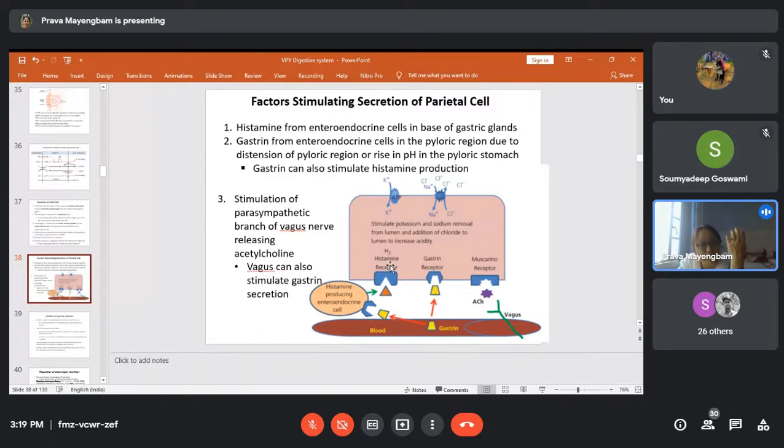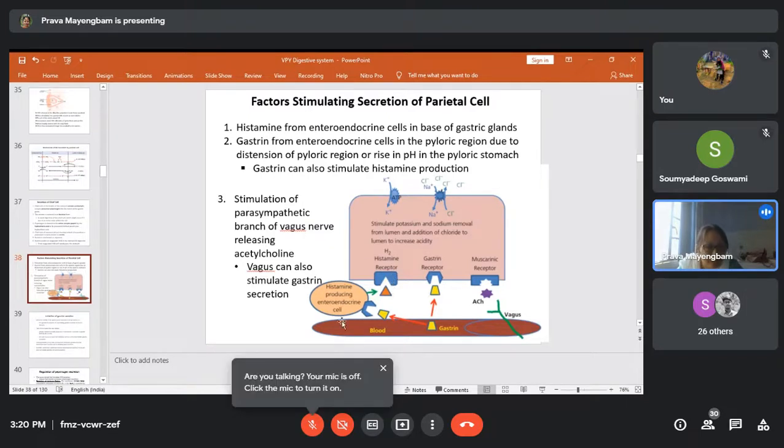It is not only in other tissues. You remember the other cells in the gastric glands. So histamine is also one secretion, coming from the enteroendocrine cells in the base of the gastric glands. So the histamine-producing enteroendocrine cells will produce histamine, and this histamine will bind to its receptors.